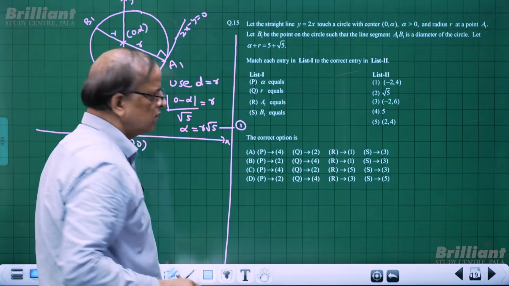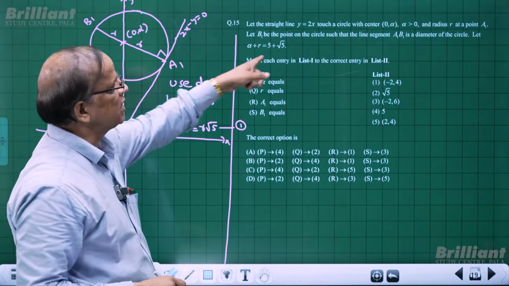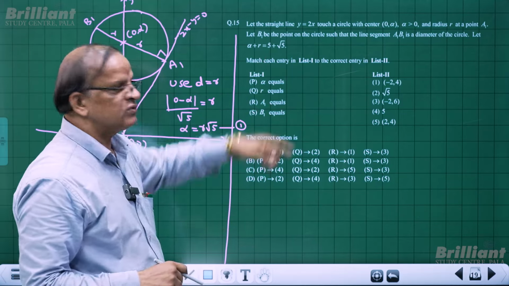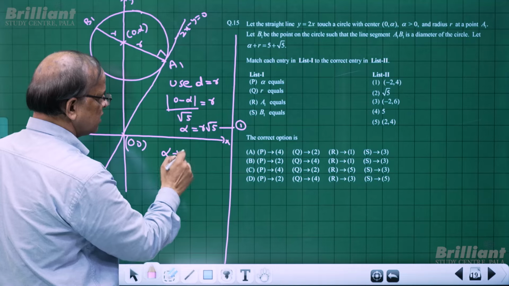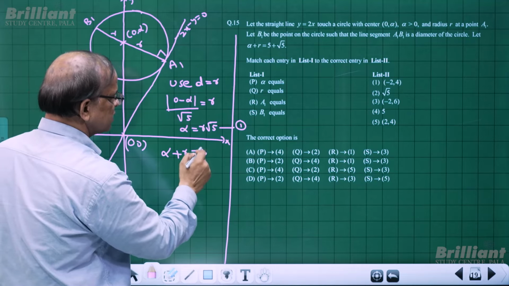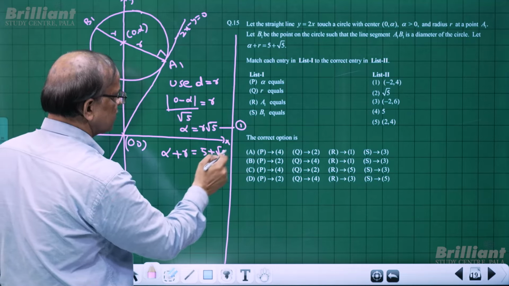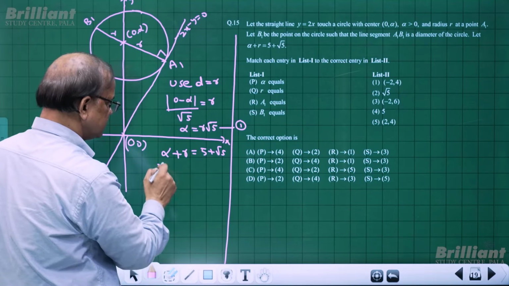equation 1. But one more relation is there: alpha plus r is 5 plus root 5. So alpha plus r is 5 plus root 5, but alpha is r root 5, substitute.